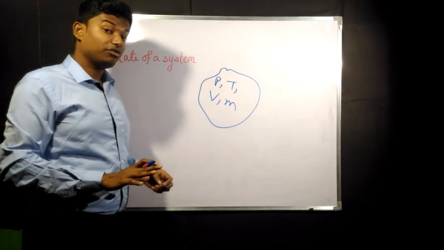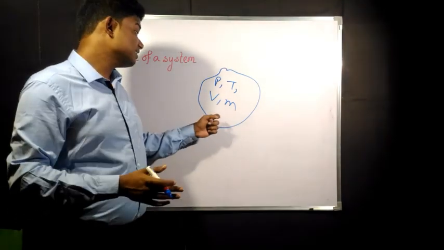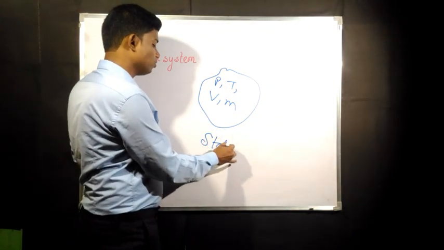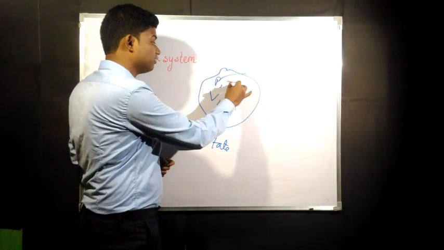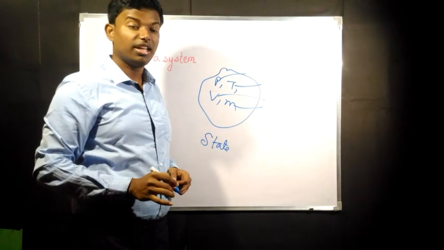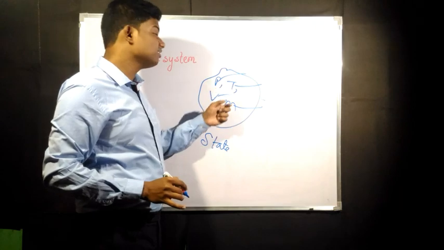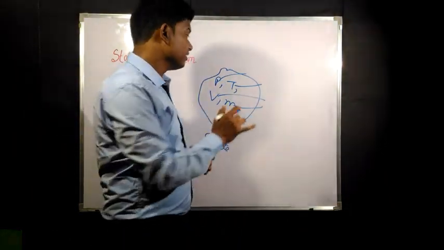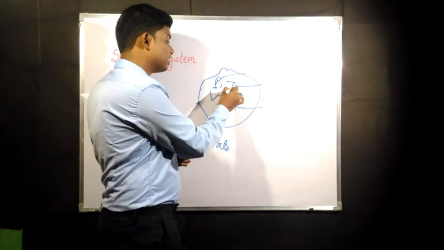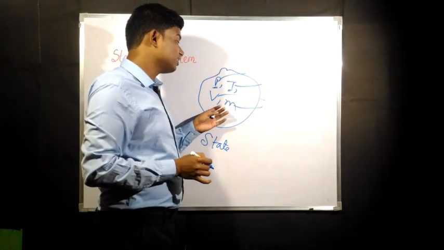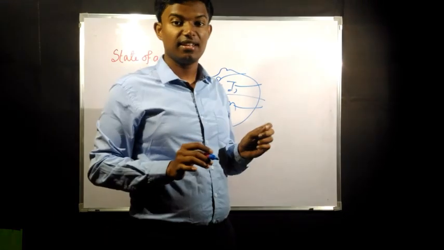Now if we say that the system is in a state, we need to consider that each of these properties is going to have a fixed and definite value. If these do not have any specific value, we cannot say that this is a state. Suppose the pressure or temperature of a system is continuously changing, then we cannot say that the system is in a state.